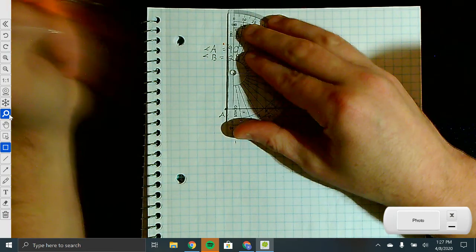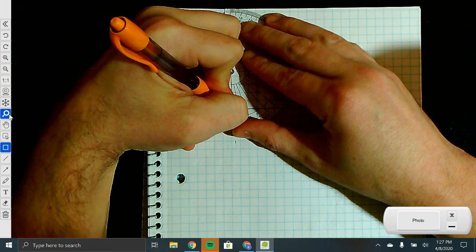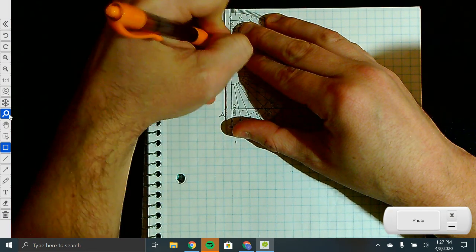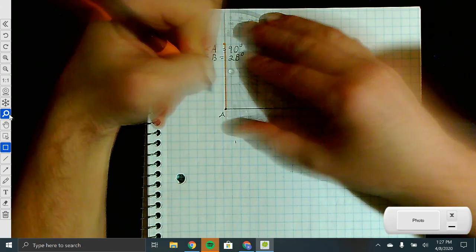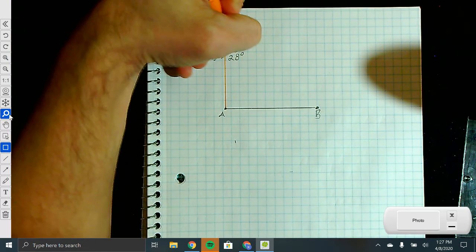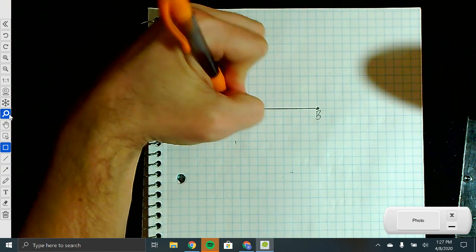Then I'll come back down to A, line it up with that dot, and I'm just going to draw in my construction side there to give me my 90 degree angle.